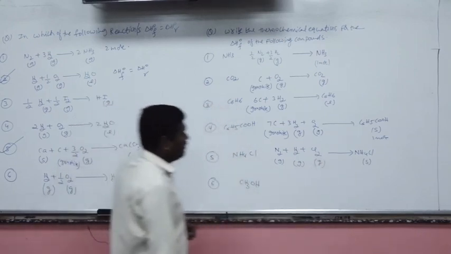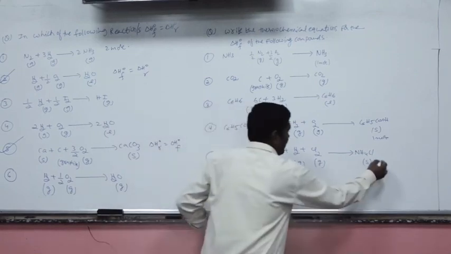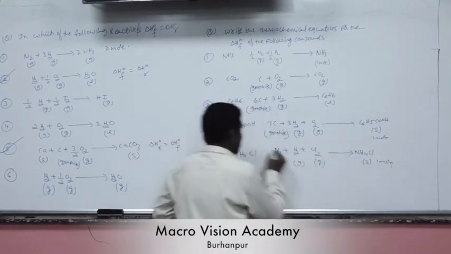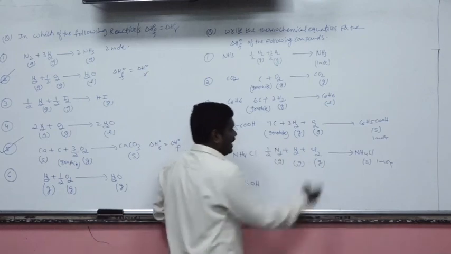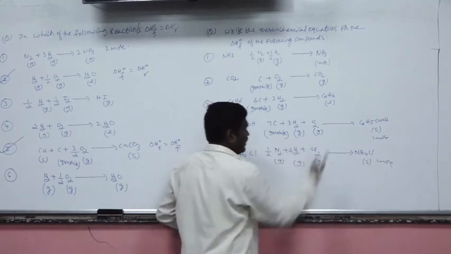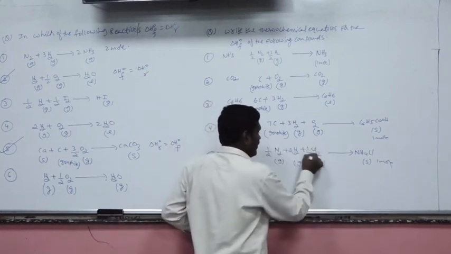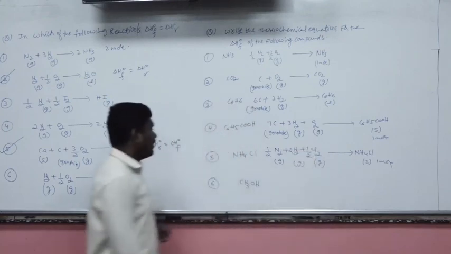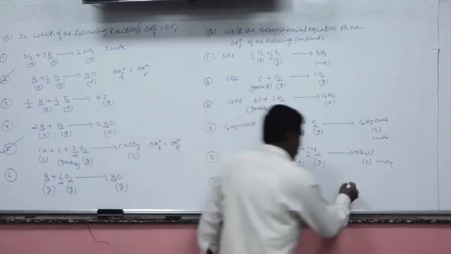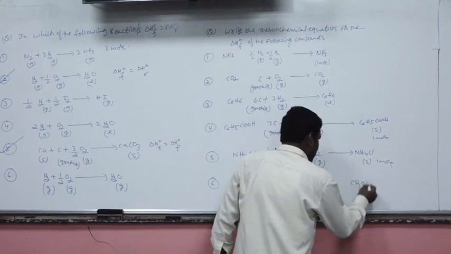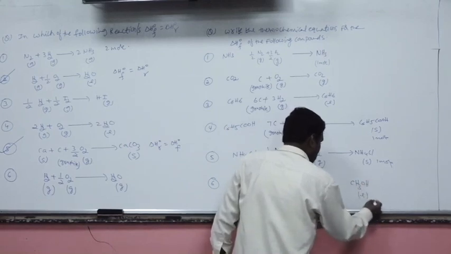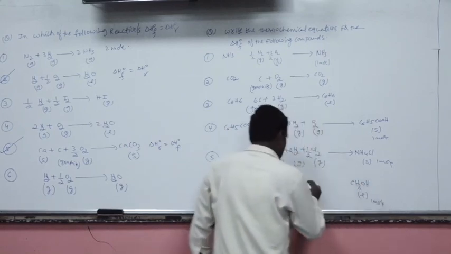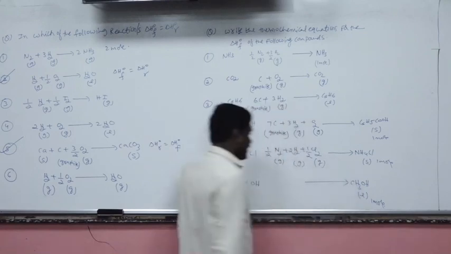Now come to balancing. This should be 1 mole. Nitrogen must be half mole here. Hydrogen must be 2 mole, 2 2s are 4, and chlorine must be half mole. Now come to methanol. Methanol is an alcohol which is a liquid at room temperature.